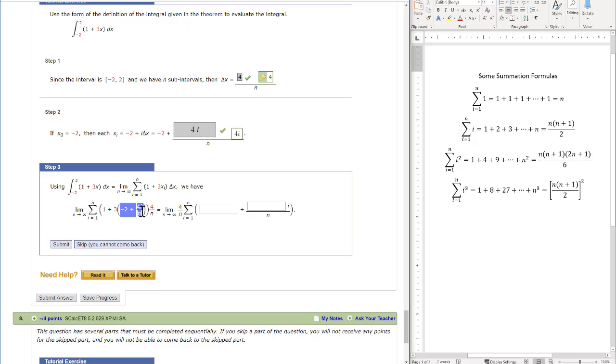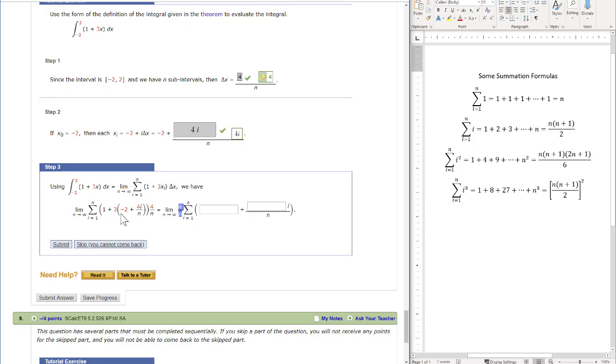So the whole expression of x sub i is given here. And then we want to multiply that by delta x. Now this 4 over n has no i components in there. So the 4 over n can be taken out of the summation sign. It is not dependent on the index i.